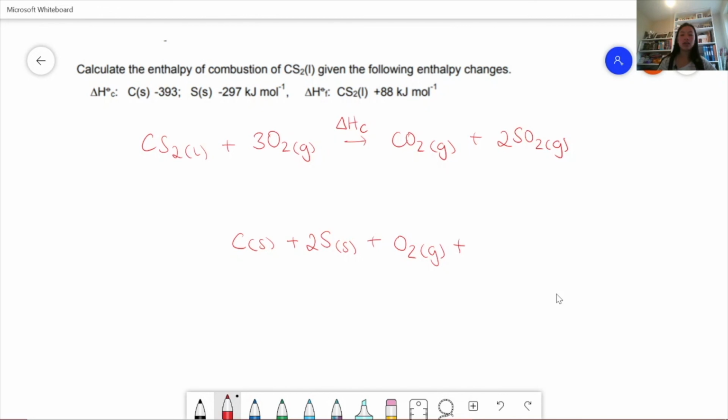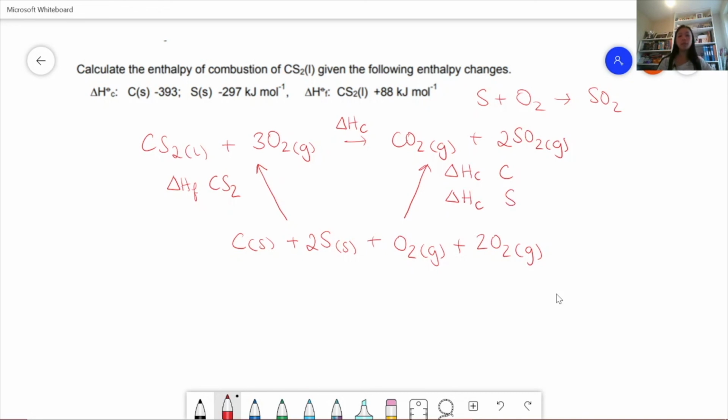So then I can add on, well, normally it would be sulfur plus oxygen goes to form sulfur dioxide, but because we have 2 moles here, we need to double the amount of everything. We've already got 2 sulfurs here, so we need 2 oxygens. And so now this will be the enthalpy change of formation of the CS2, and this will be the delta H of combustion of the carbon and also the delta H of combustion of the sulfur.